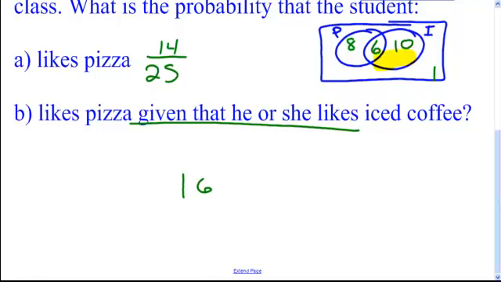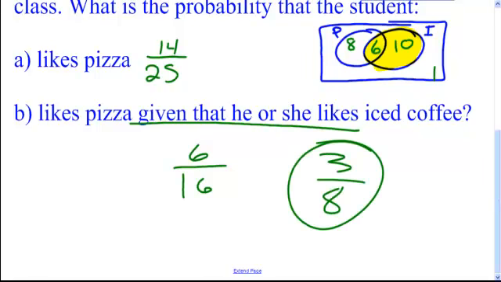So within these 16 who like iced coffee, that's my whole that I get a look at. Now I have to figure out how many of them like pizza. That's the 6. So 6 out of 16. So therefore when I simplify this, I get a 3/8 probability for liking pizza given the fact that they like iced coffee.